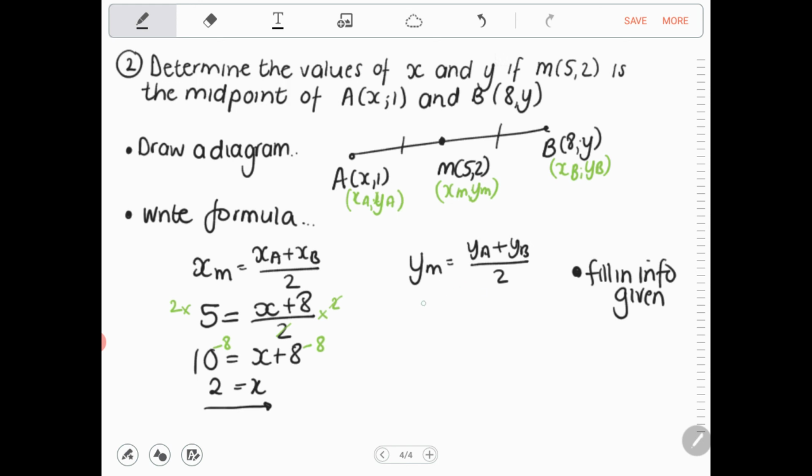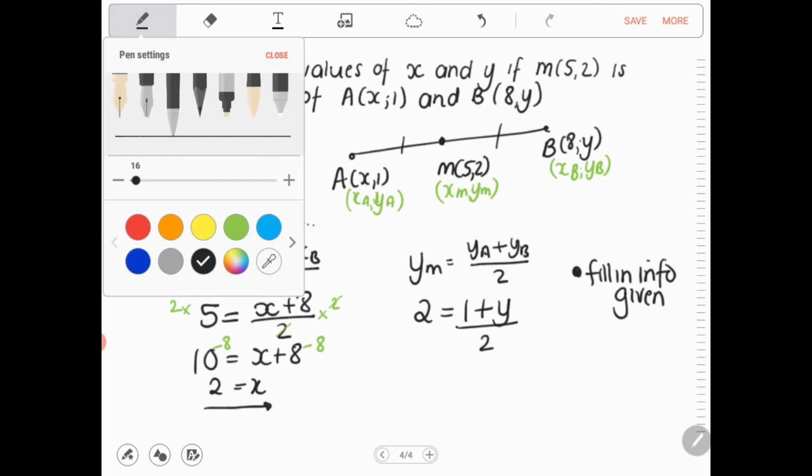What do we have? We have the y at M. It's 2. We have the y at A. We don't have that y at B. It's just got a y there. And again, we need to solve the equation.